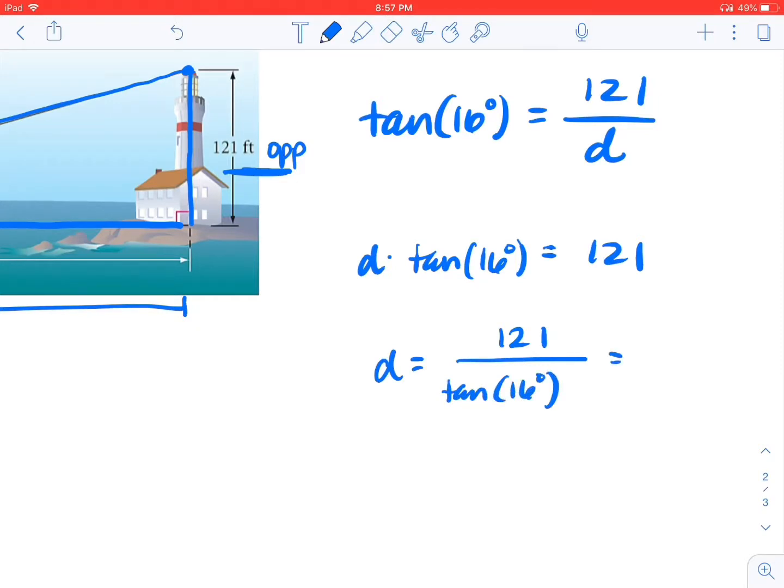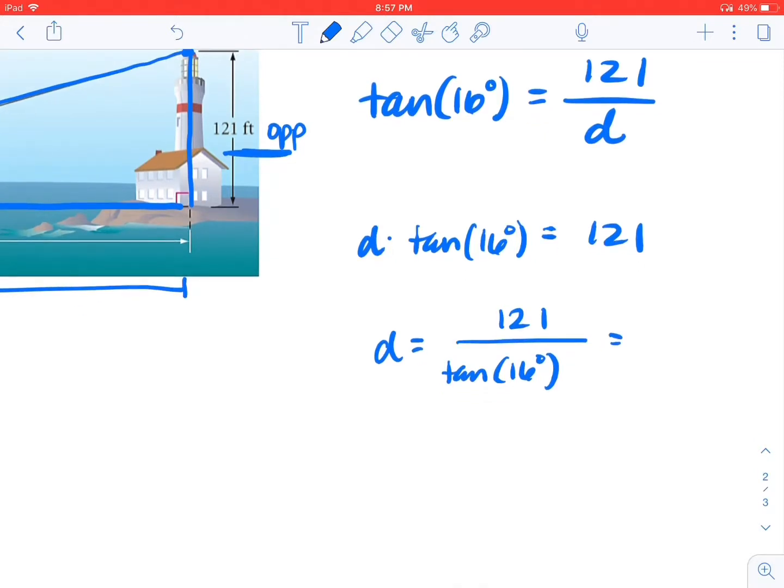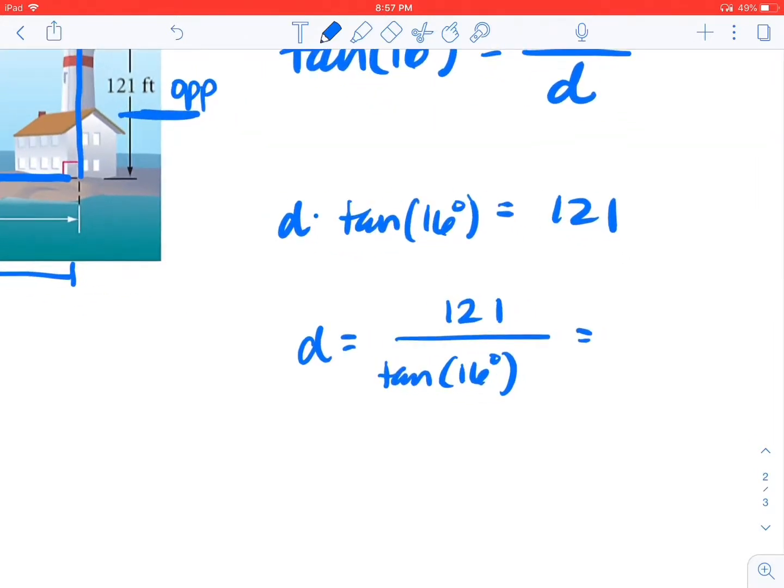When I pull out my handy dandy calculator and stick that into the calculator, I end up getting a value of 121 divided by tangent of 16 is 421.977, and this is in feet, so 421.977 feet.